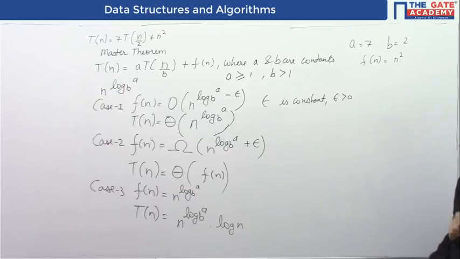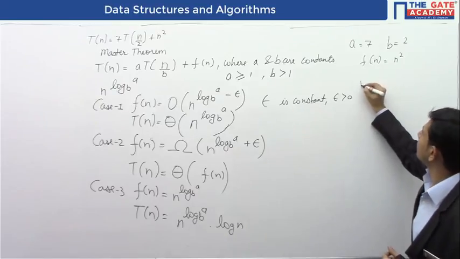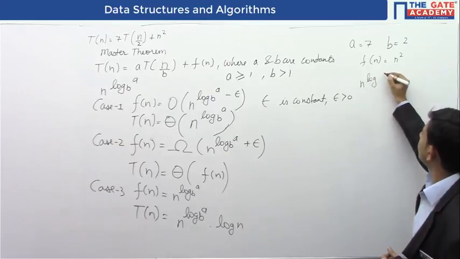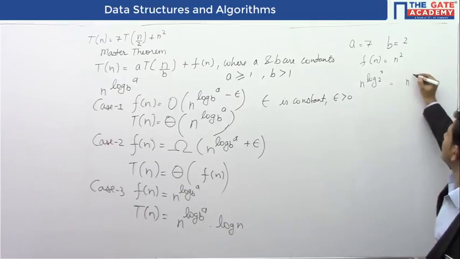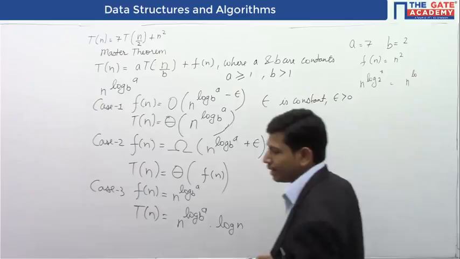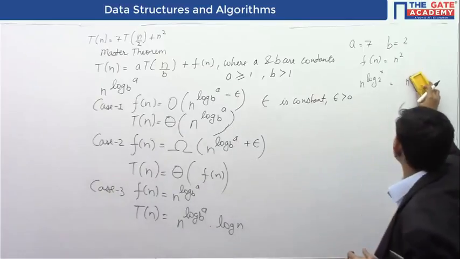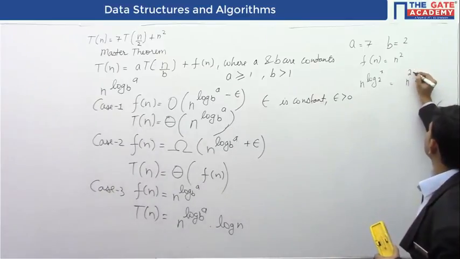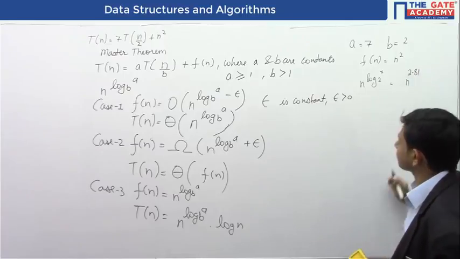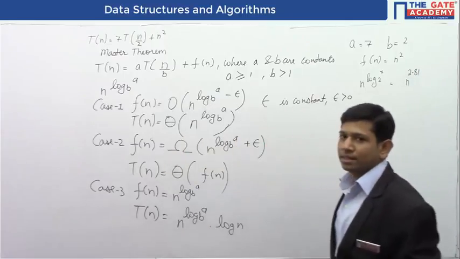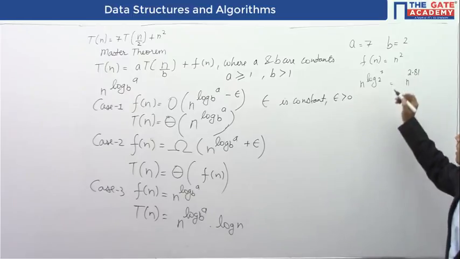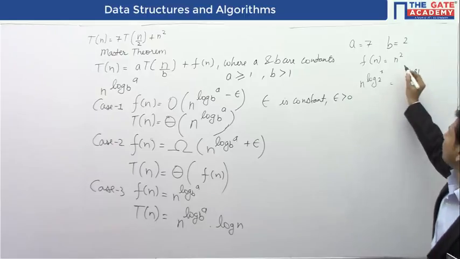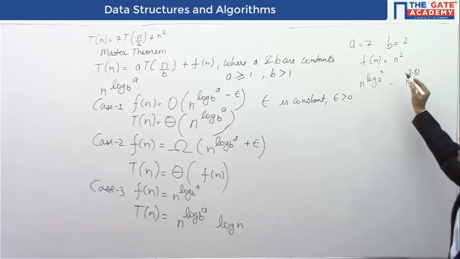Let's see what is n raised to power log of a base b. n raised to power log of 7 base 2, as we have already seen, becomes n raised to power 2.81. And f(n) is n raised to power 2.